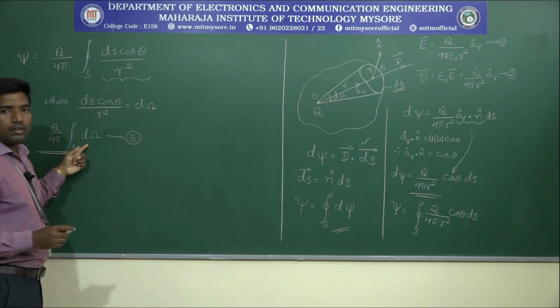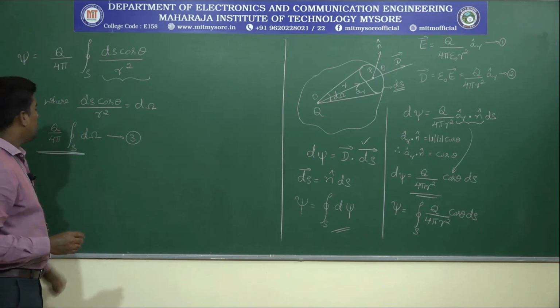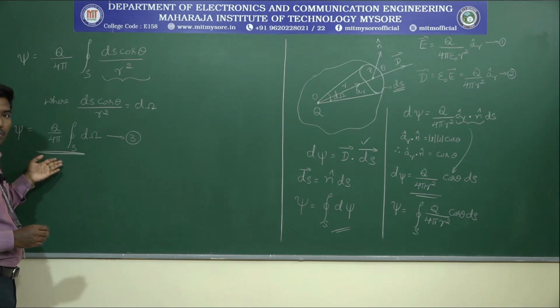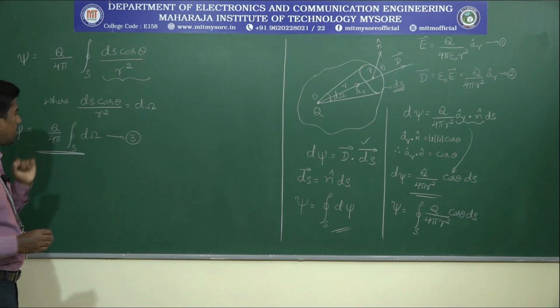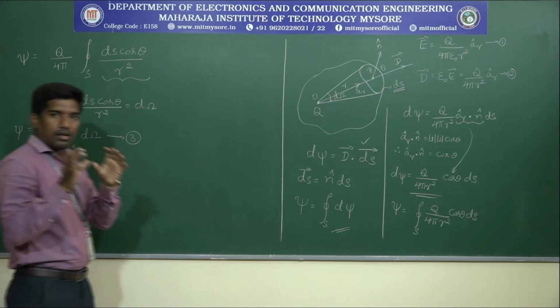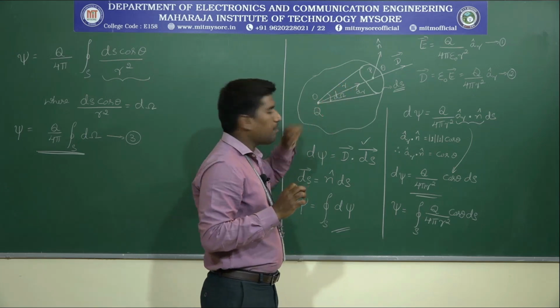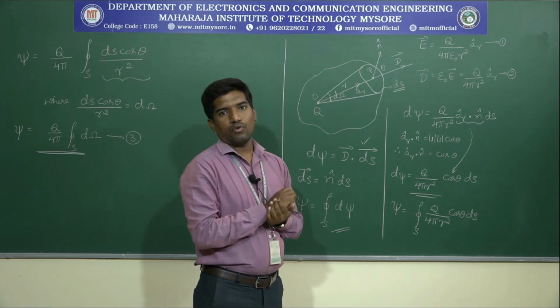Now how to solve this equation? Now we need to have the analytical geometrical formula for this. According to that, any solid angle within this closed surface at any point is equal to 4 pi.